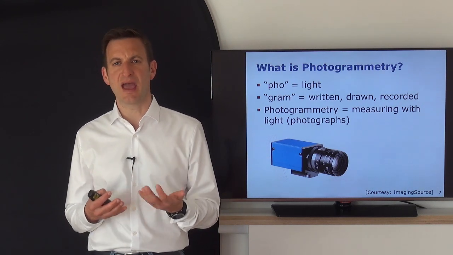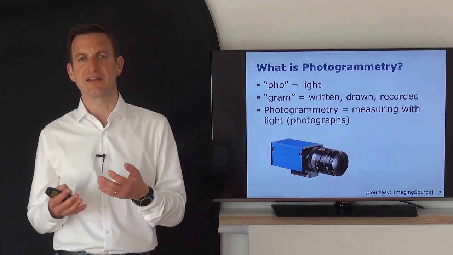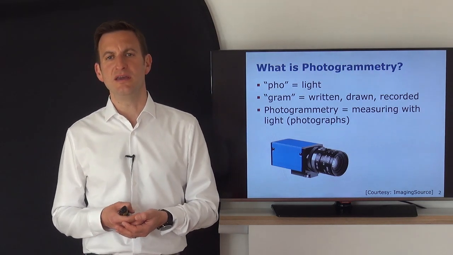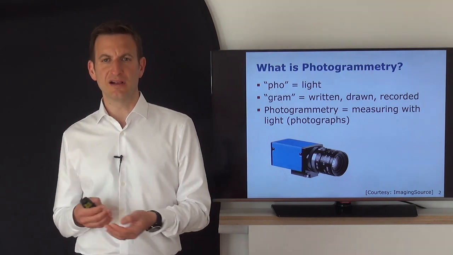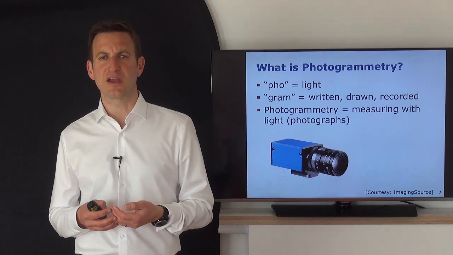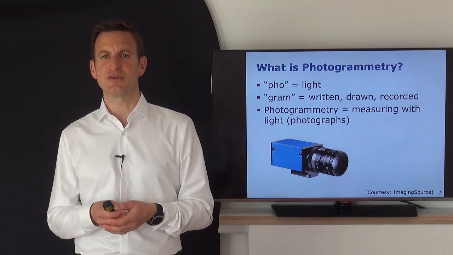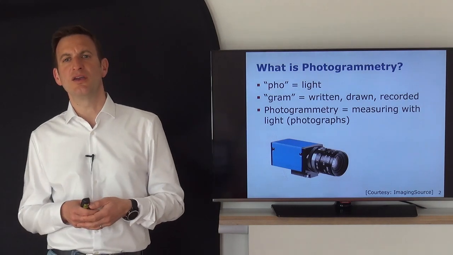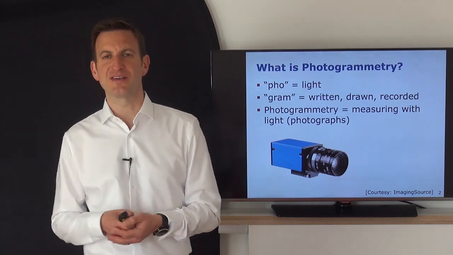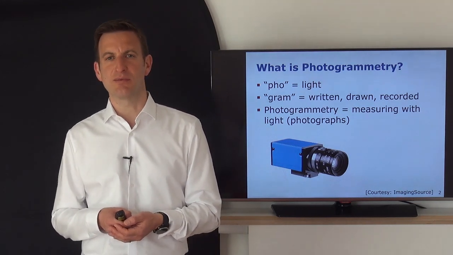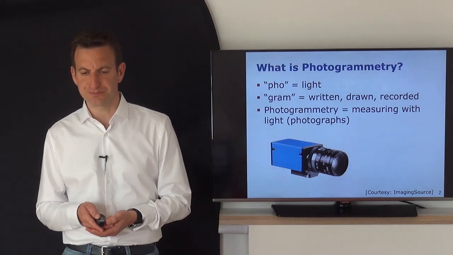Again, it doesn't have to be cameras only, it can also be other forms of electromagnetic waves like a laser rangefinder, although in this course we will mainly focus on cameras, either single camera systems or so-called stereo camera systems, which are basically two cameras mounted next to each other, similar to our human vision system, which is also a stereo vision system because at least most of us have two eyes that are operational and which we use to perceive the world around us.